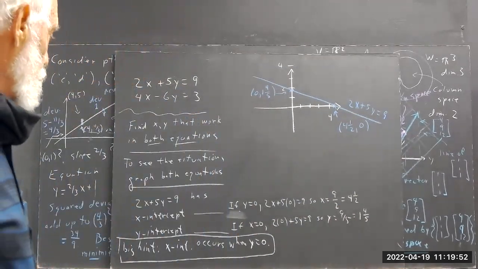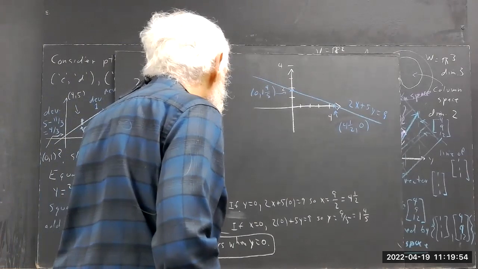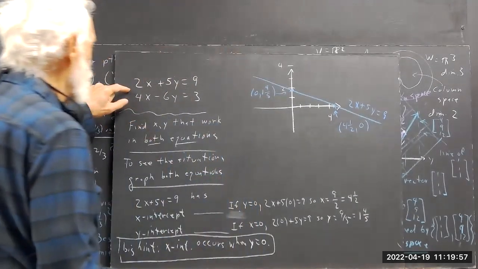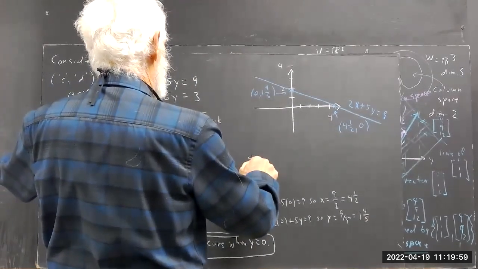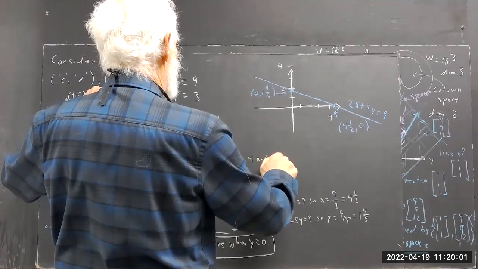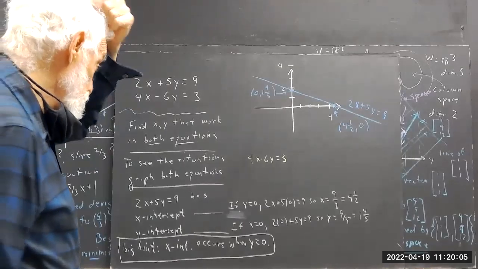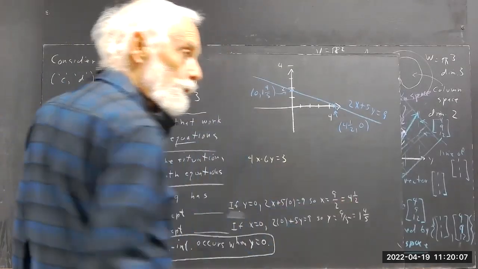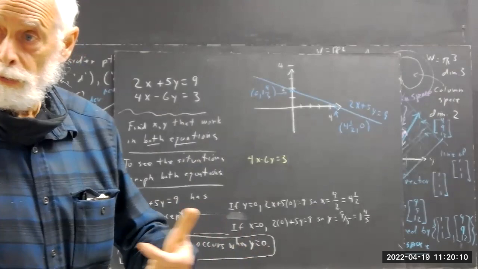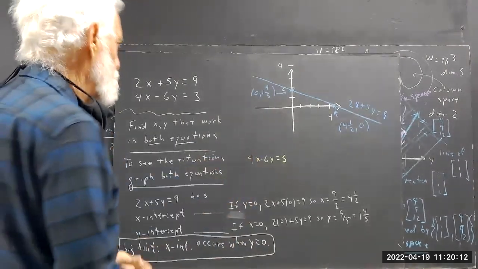Now we want to do the same thing for the other equation, for x minus 6y equals 3. I'm not going to do the algebra, but you would write out the algebra. Well, I'll write it out.